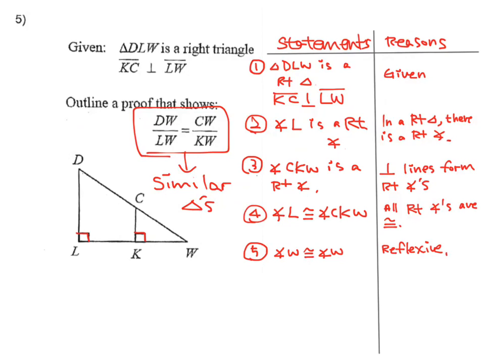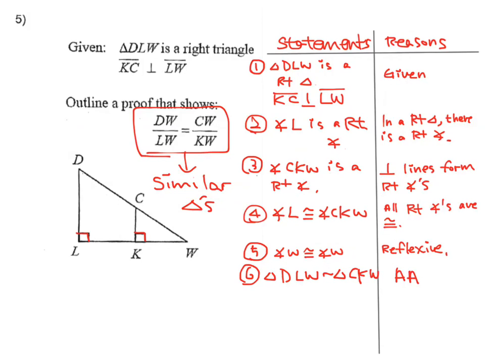All right. Then we can say that those two triangles must be similar. So we can say triangle DLW is similar to triangle CKW. Why is that? Because we have shown that two pairs of the angles are congruent.